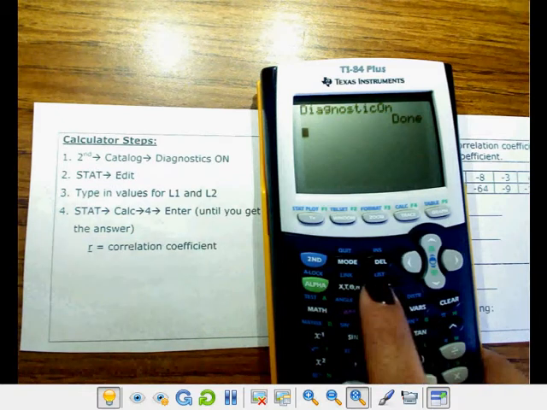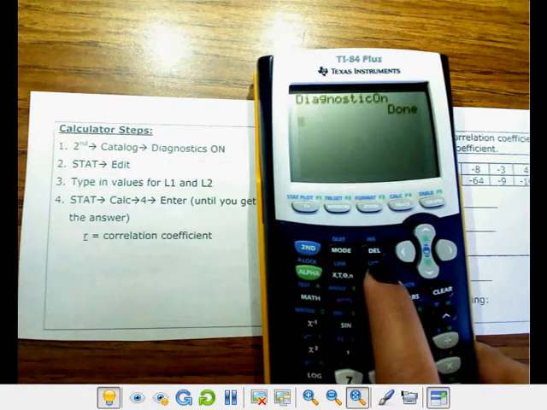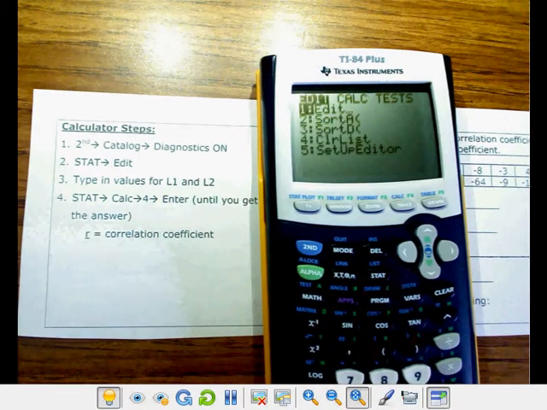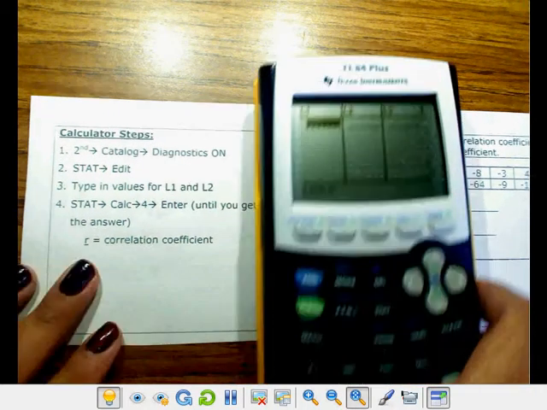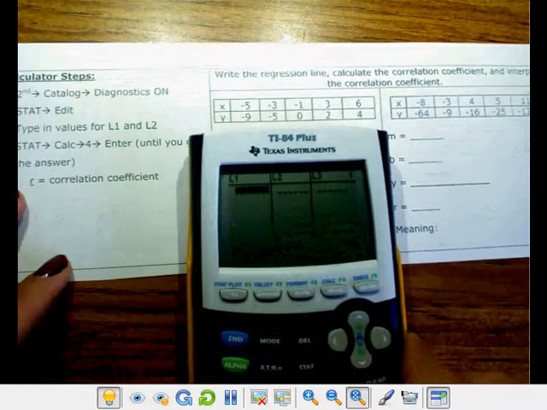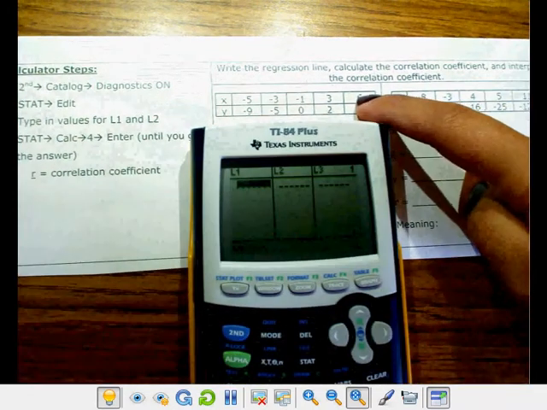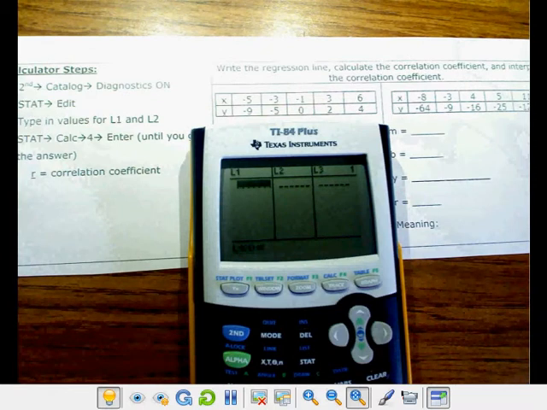So you'll see what changes when I go to stat now. So now when I go to stat and edit, and we type in our numbers, we'll go ahead and use this first table as our numbers. Remember, your x values go on the left and your y values go on the right.